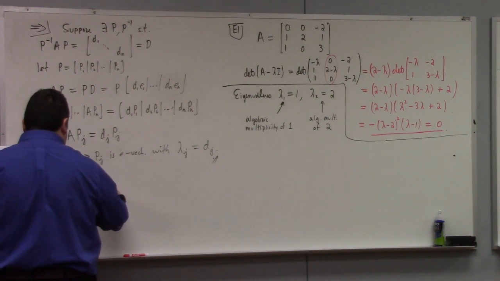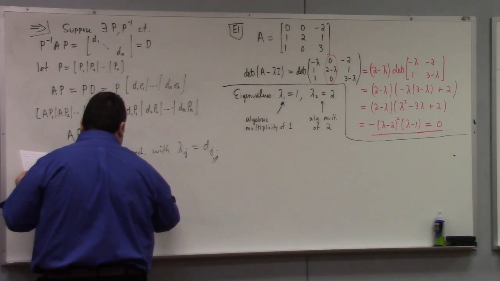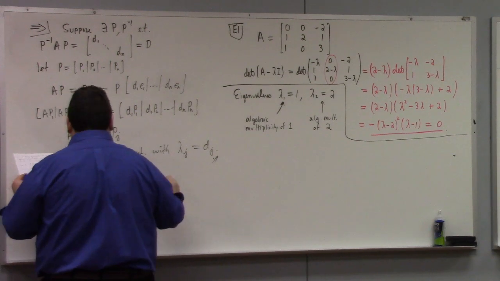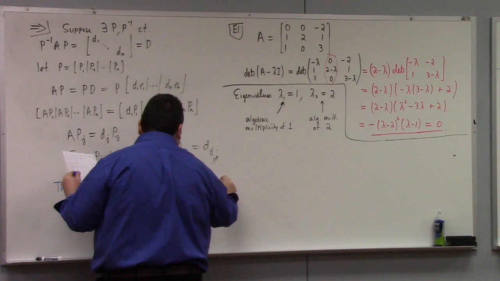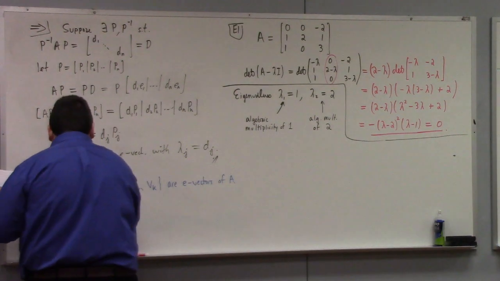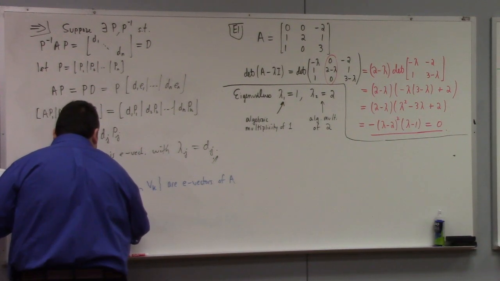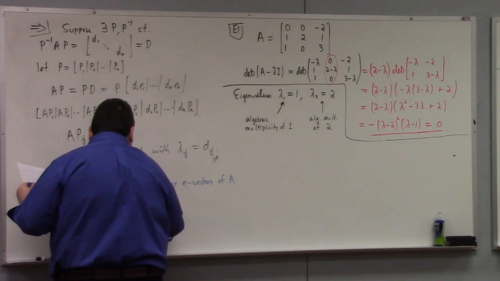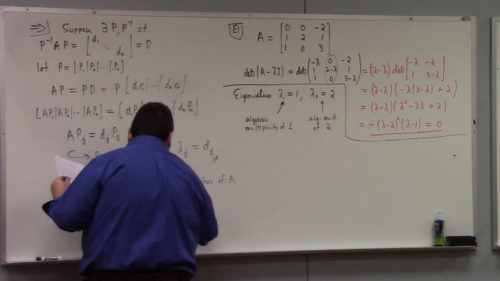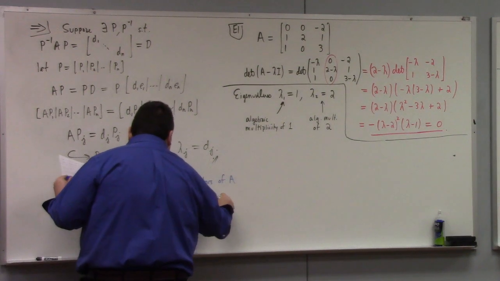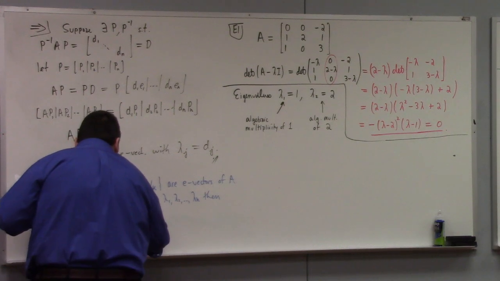If S equal to, let's say, v1 through vk are eigenvectors of A with distinct eigenvalues, lambda 1, lambda 2, through lambda k, then S is a linearly independent set.